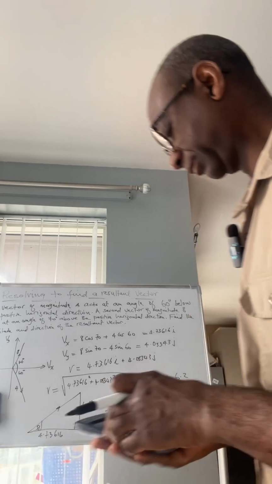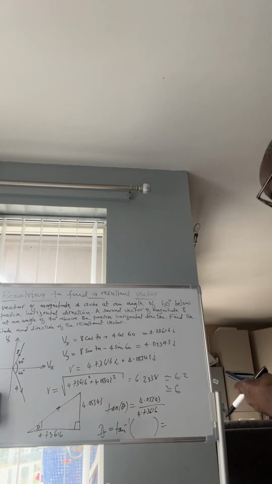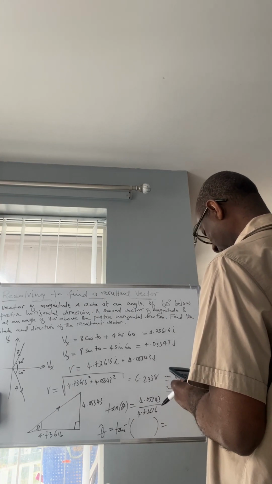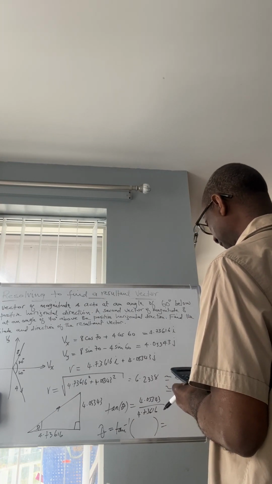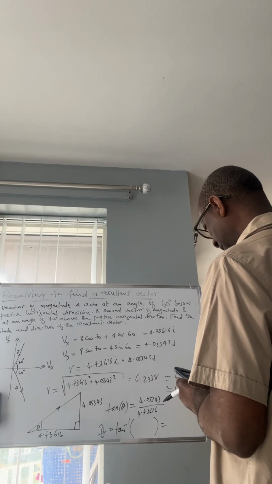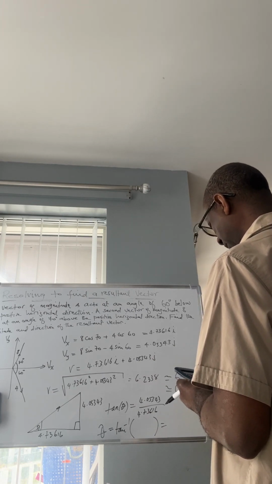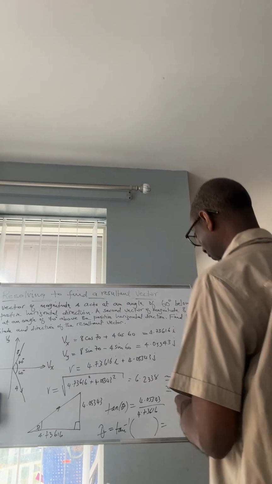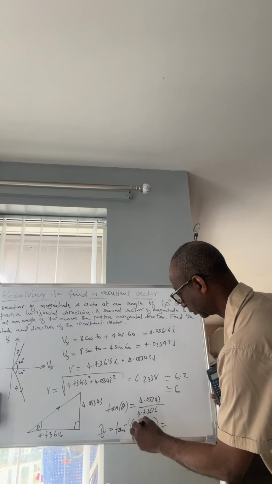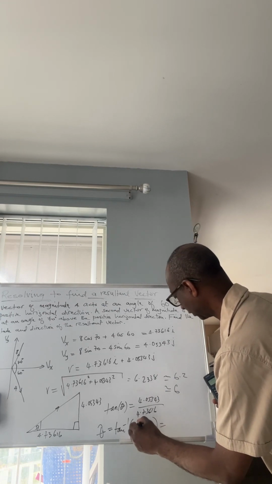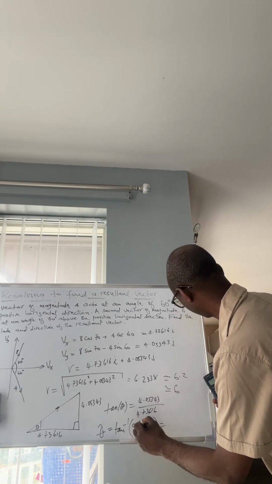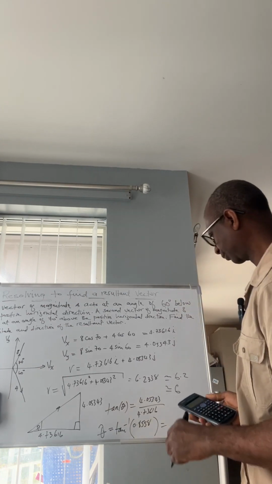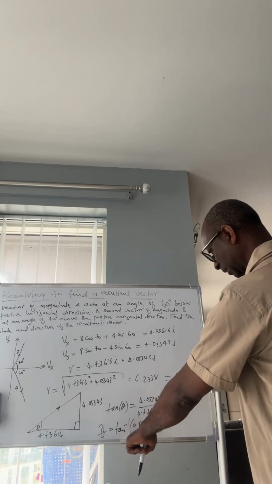Let's do the fraction and see what we get. We are dividing 4.05343 by 4.73616, getting 0.8558. Let's stop there. So now we need the arctan of this.